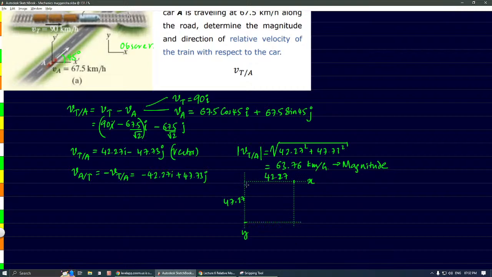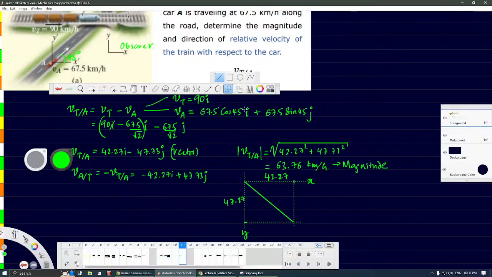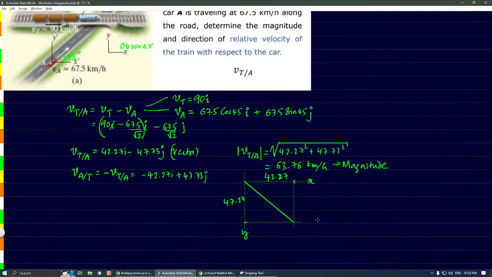If you want to show the velocity, it will be in this direction. And to show the direction, you have to measure this angle alpha.